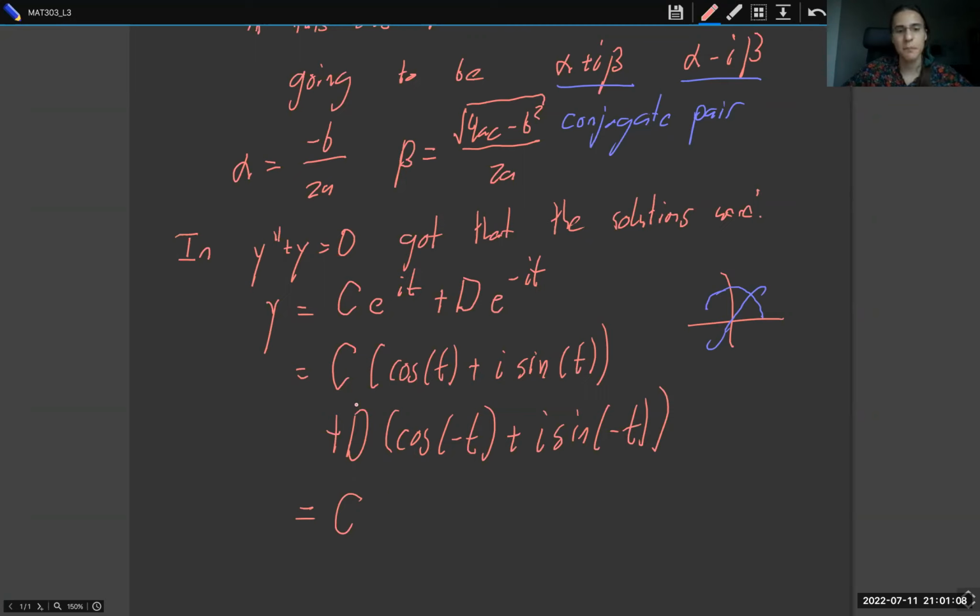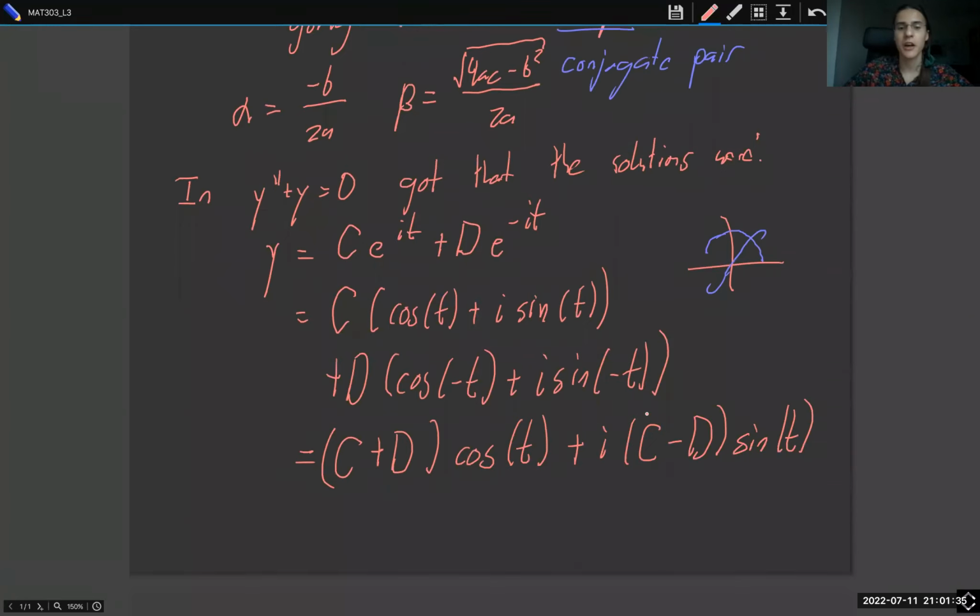So you get c plus d times cosine of t. And then here we get plus i times c, and then minus sine of minus t is the same as negative sine of t because sine is an odd function. So c minus d times sine t.